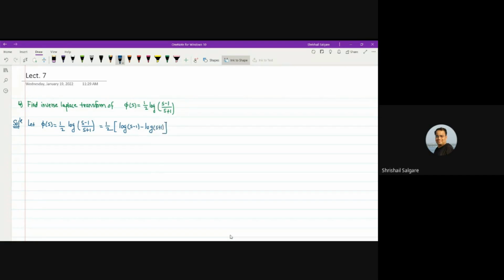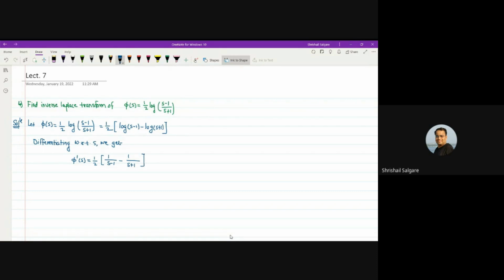Now differentiating with respect to s, then you will get phi dash of s is equal to 1 upon 2 into bracket derivative of log of (s minus 1) is 1 upon (s minus 1), minus derivative of log of (s plus 1) is 1 upon (s plus 1).